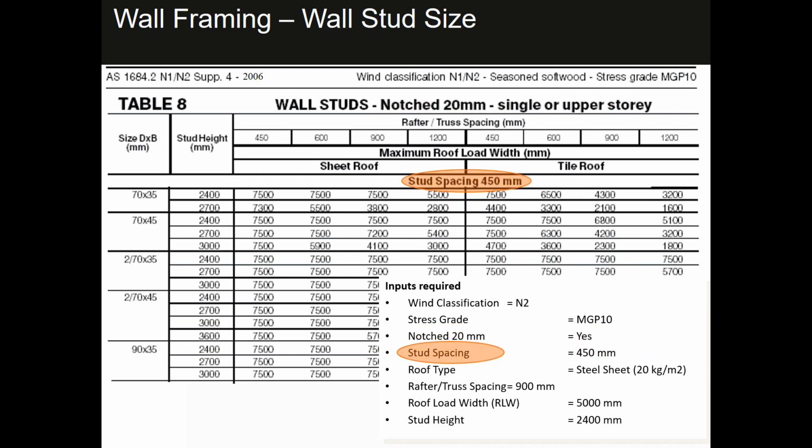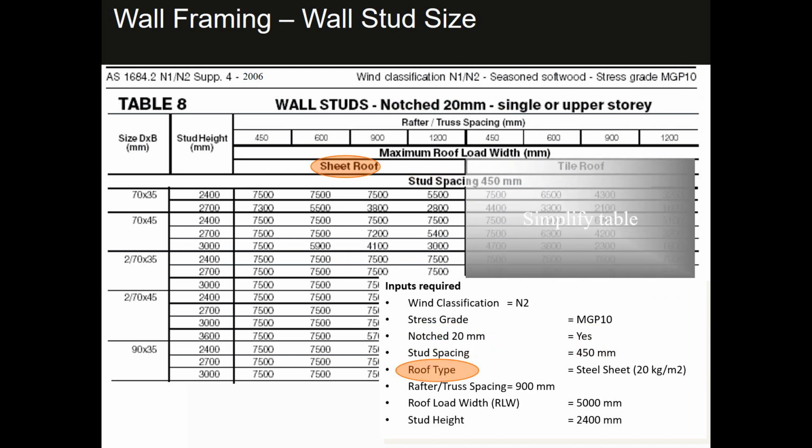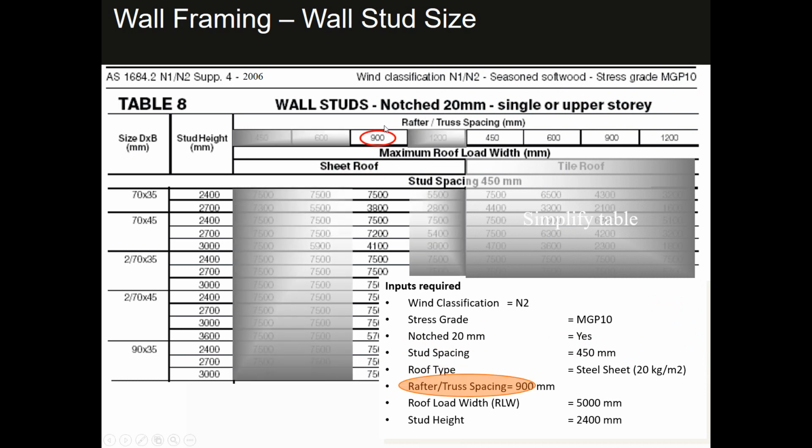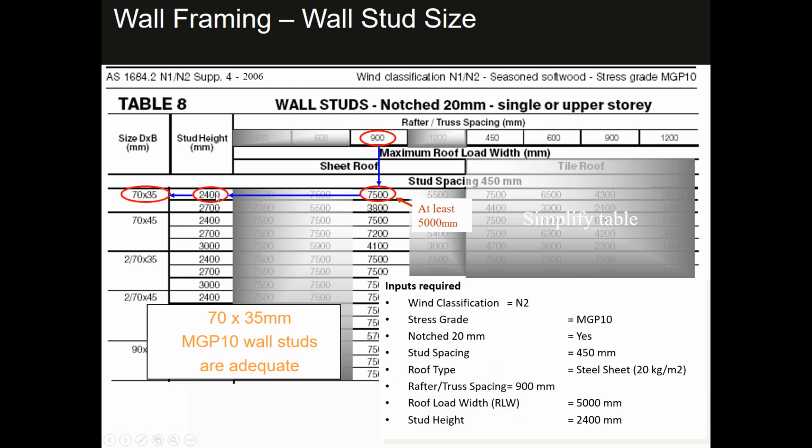MGP10, stud spacing 450, sheet roof type, down to this column here. That exceeds the 5 metres at 2400, so we get 70 by 35 studs.